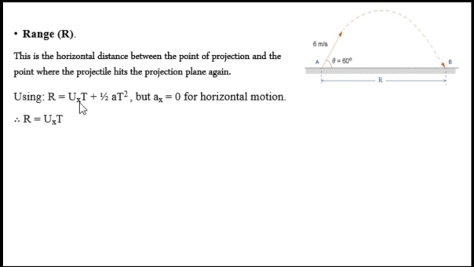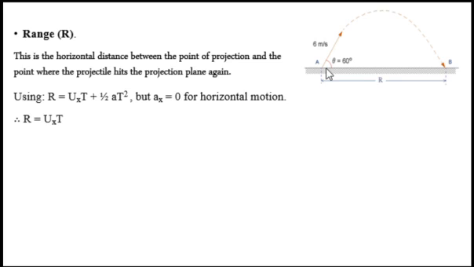If that is transformed to what we have here, my s will be replaced with R, and I have uxt plus half at squared. In this case, my a is going to be 0, and this g will be equal to 0 because horizontally the body is not acting under gravity.